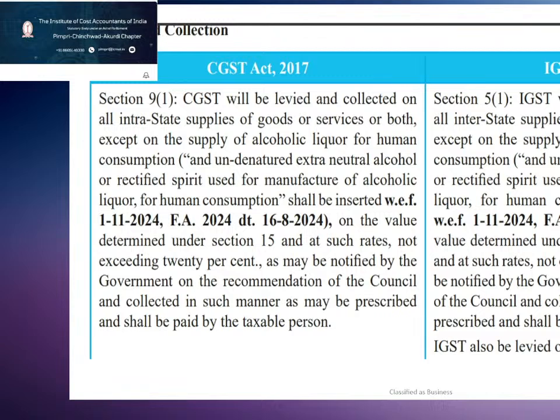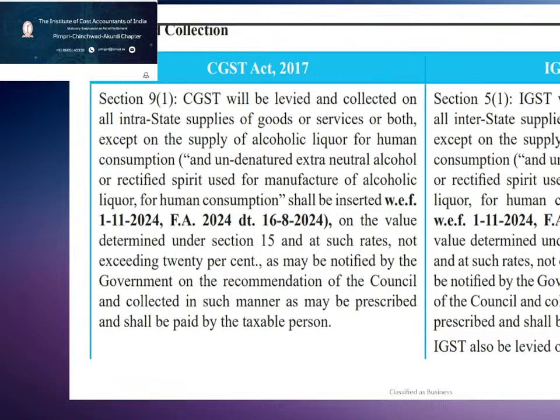Now today we will see about section 9, which is about the levy and collection of tax. Are you able to see my screen? Now we are into the charge of tax, including reverse charge. In this diagram you can understand it by seeing this. Generally, when the supplier sells the goods and the receiver buys from the supplier, he makes the payment with the GST, and the supplier finally deposits it to the government.